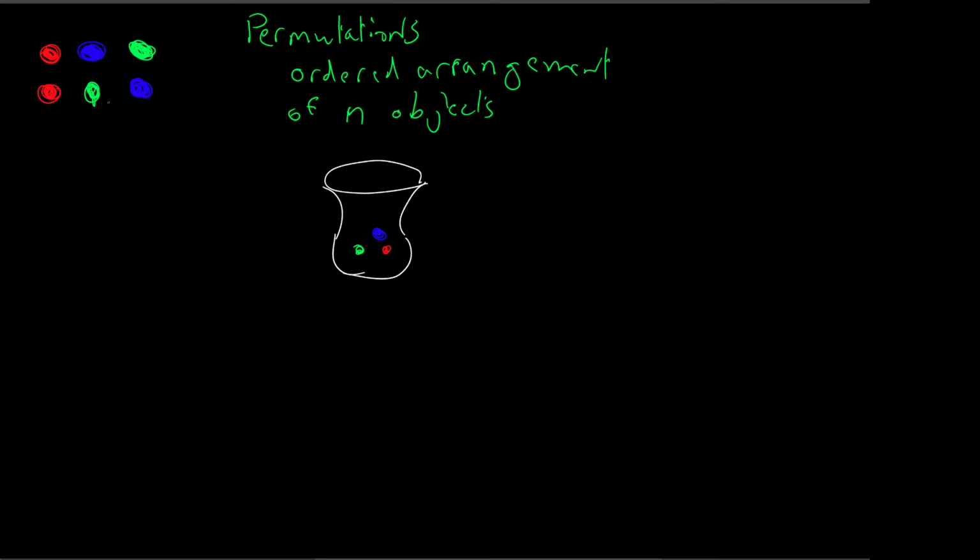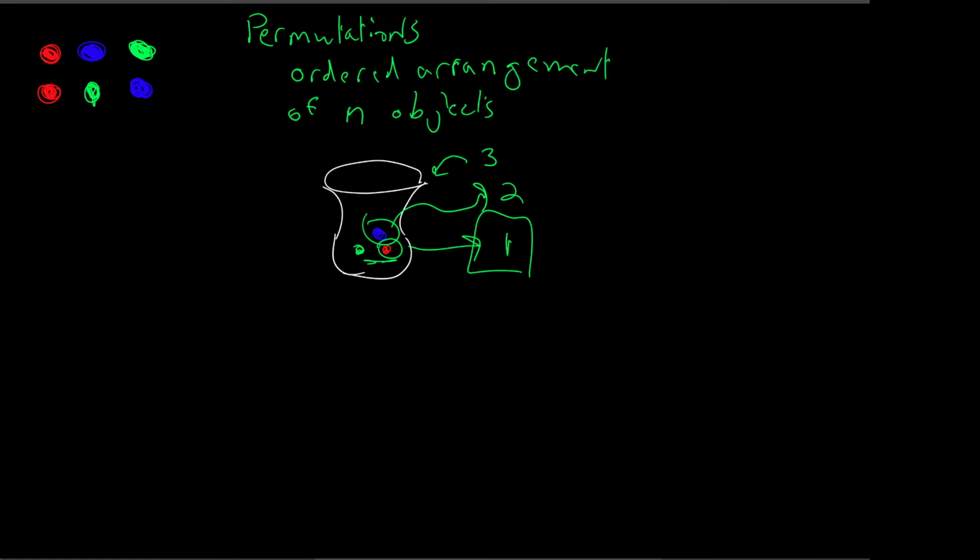If I grab the green one, the only one left is blue. Notice the first time I go to grab in, there are three items. Once I pull one out, that leaves two items. And I pull another one of those out, and that leaves me with one choice left. And so permutations and this ordering build up from that.